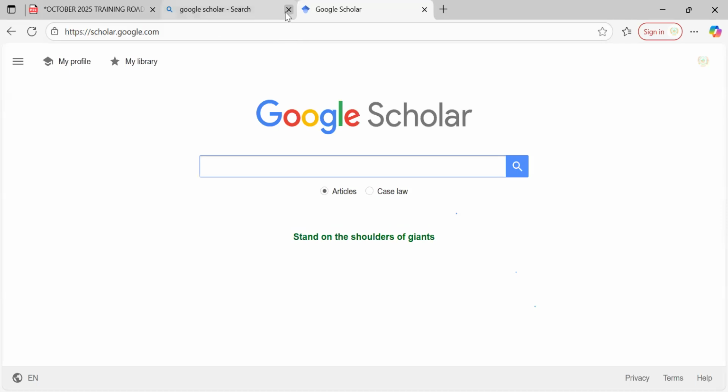Then when we go to Google Scholar, we go and learn the way we download an article from Google Scholar. So if you could see from my screen, we are at Google Scholar. So the topic you want to handle, you come and download the articles from here, read it, then you use it as your key paper to write your thesis. Use it as your key paper to write your thesis.